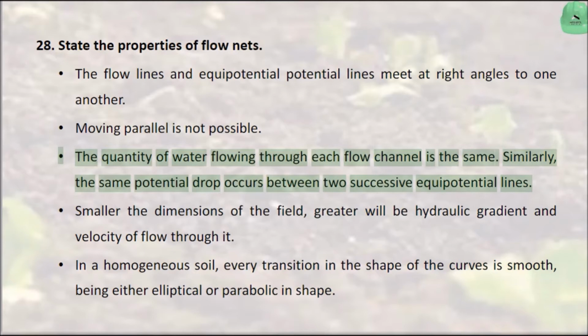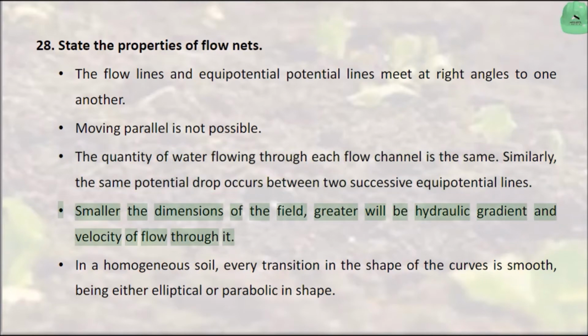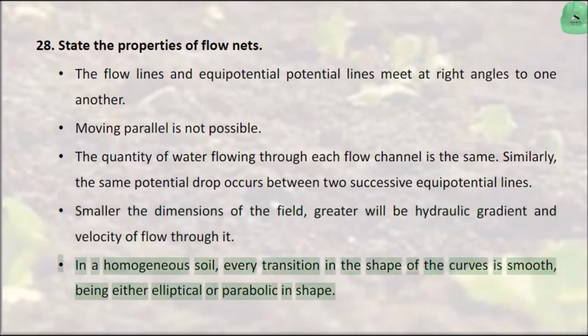Similarly, the same potential drop occurs between two successive equipotential lines. Smaller the dimensions of the field, greater will be the hydraulic gradient and velocity of flow through it. In a homogeneous soil, every transition in the shape of the curves is smooth, being either elliptical or parabolic in shape.